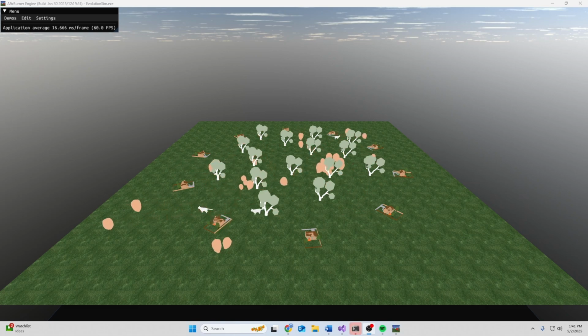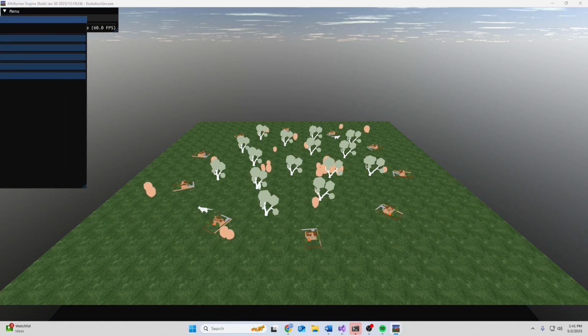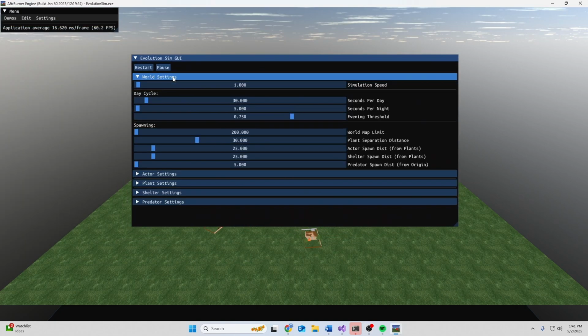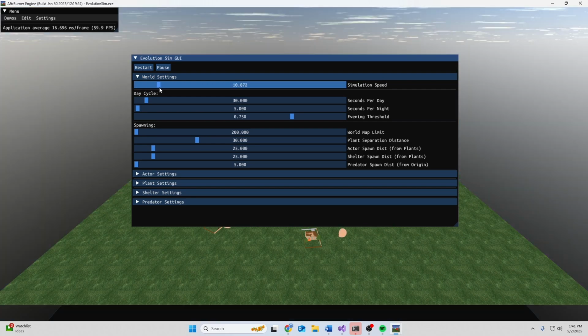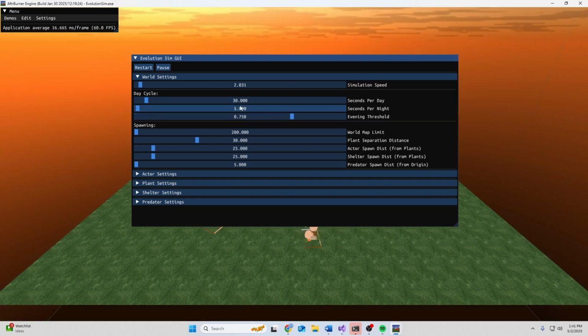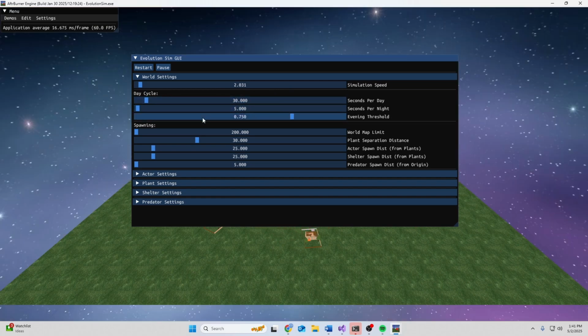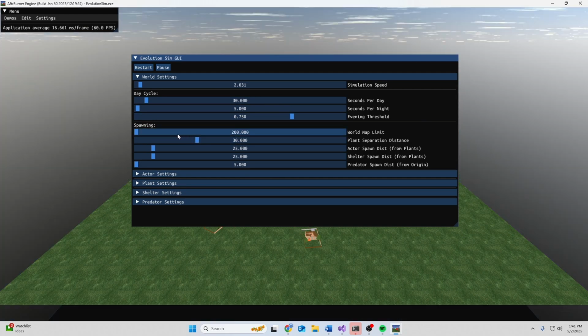Now that the basics of the simulation are clear, let's look at some of the settings. You have the world settings. You're going to find the simulation speed, the length of the day and the night, and the threshold for when day changes to evening. You can also change how the map is generated.